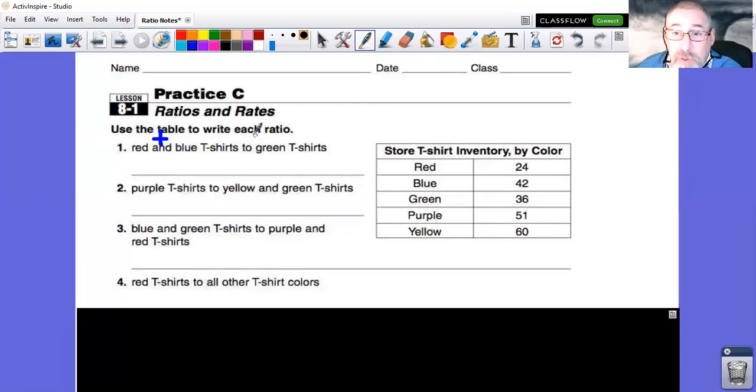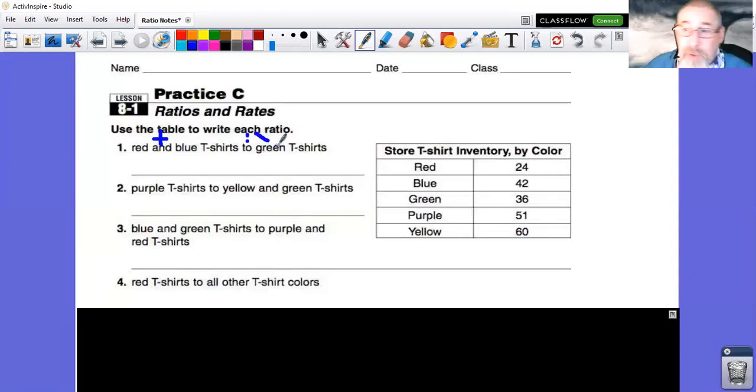When you see the word to, that is also considered to be our fraction, our colon. So we can set that up as a fraction. Colon or fraction. So now we're going to simply find our values.